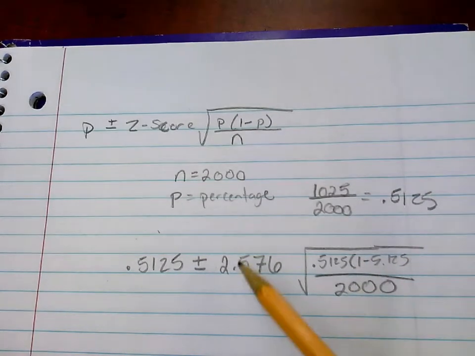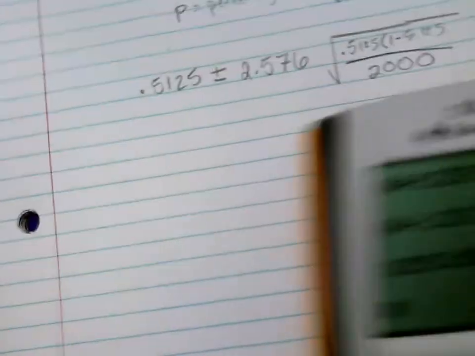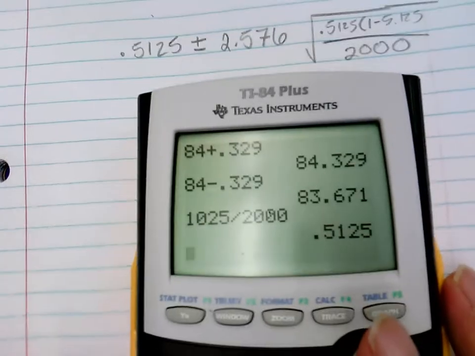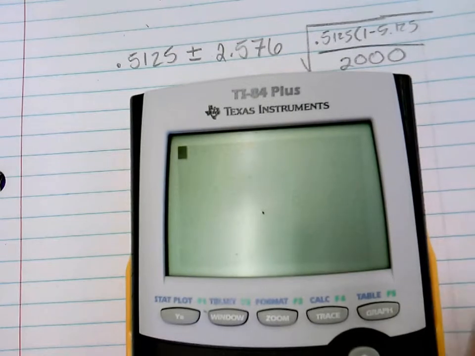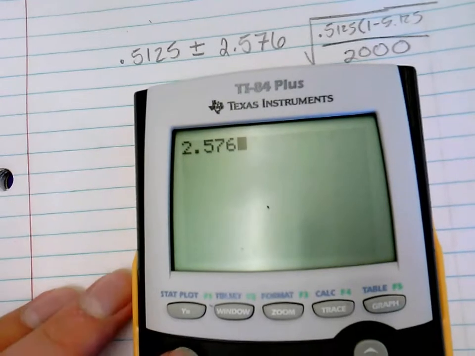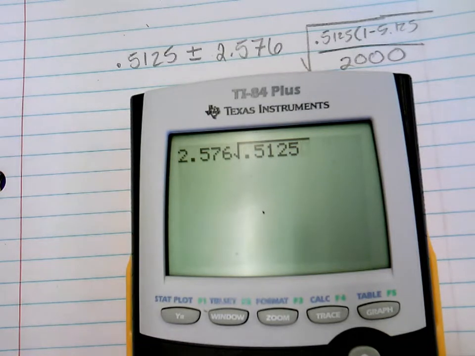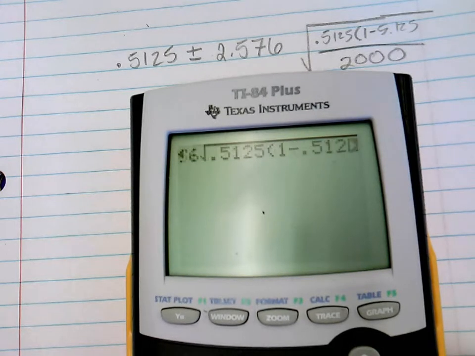So once again, the first thing we're going to do is figure everything out after the plus minus. So I'm going to take 2.576 times the square root of 0.5125 times, I'm going to do 1 minus 0.5125.